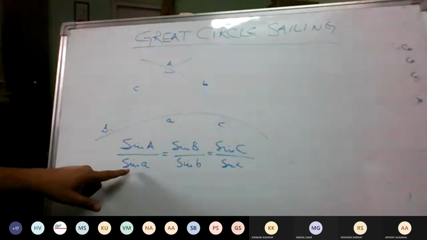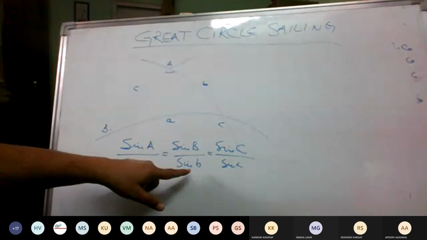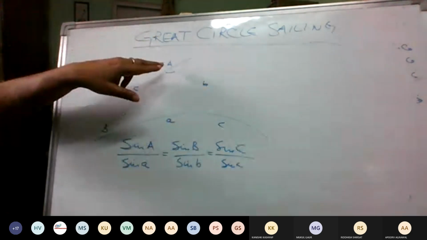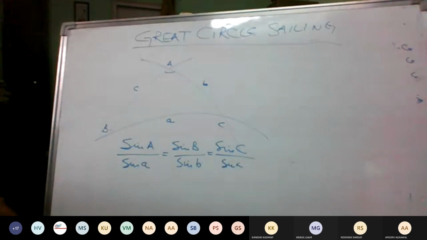Sin A upon sin small a equals sin B upon sin small b, the opposite side. The sine of an angle and the sine of its opposite side bear a constant ratio.